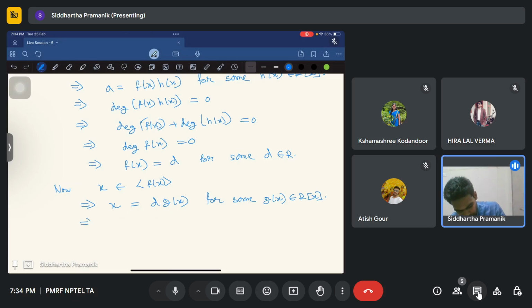You will get 1 equals d times d' for some d' belonging to R, by comparing coefficients of x from both sides.